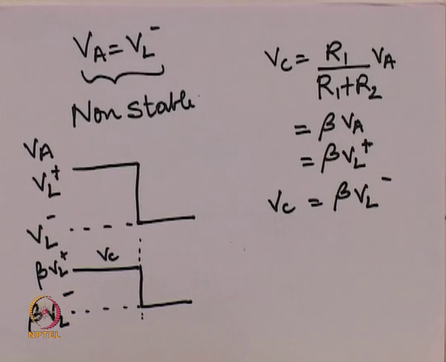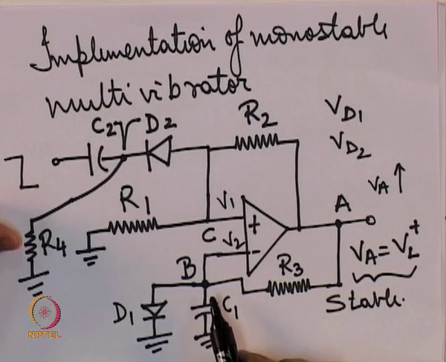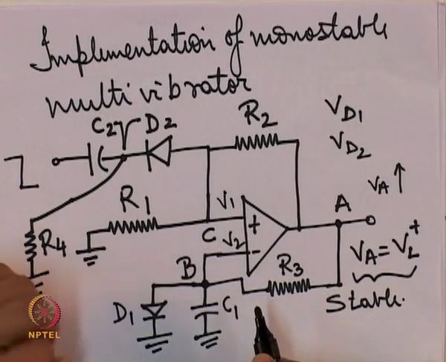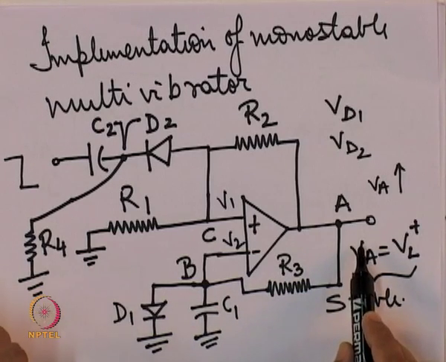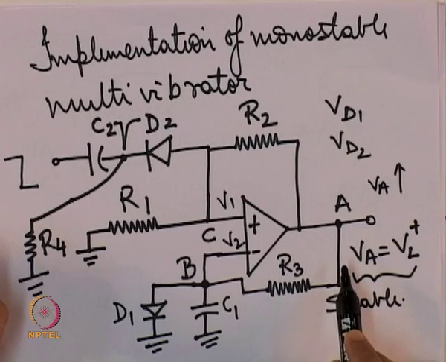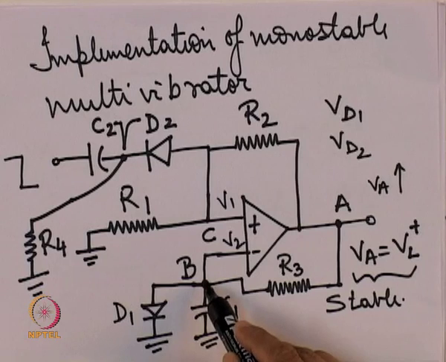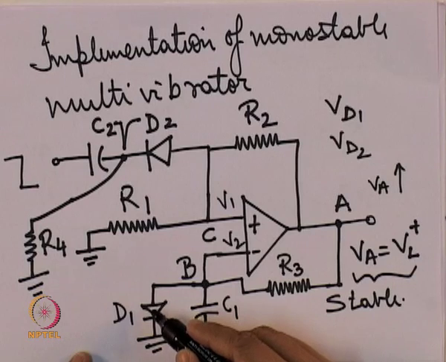What about the voltage at point B? So far we have never talked about this, the voltage at terminal B. Initially, when VA was equal to VL plus, the voltage at B was equal to the diode drop, isn't it?